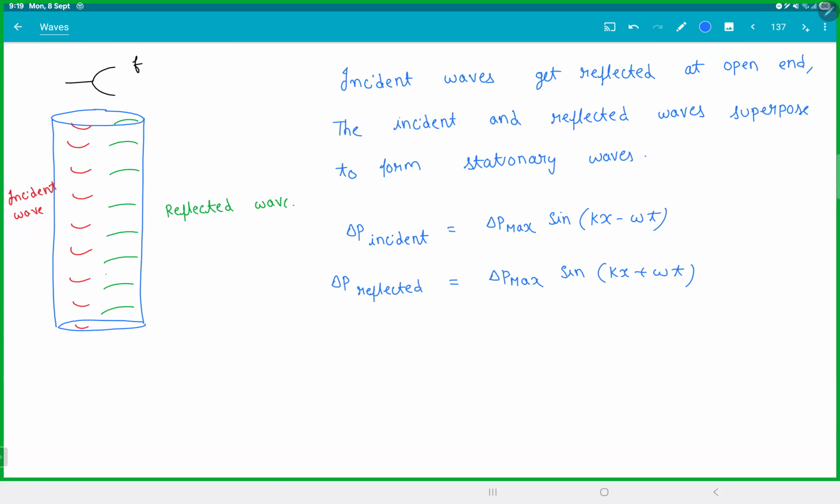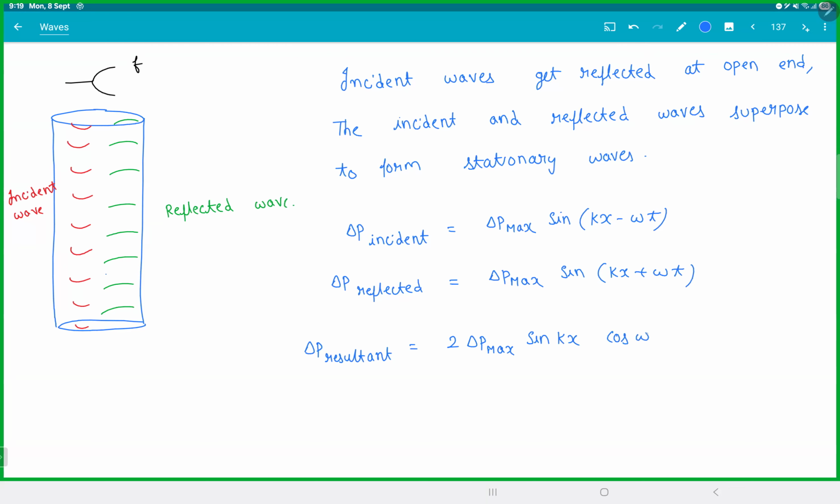Because the wave got reflected, it is traveling in the opposite direction. When you add them, you end up with 2 delta P max sine kx cos omega t.